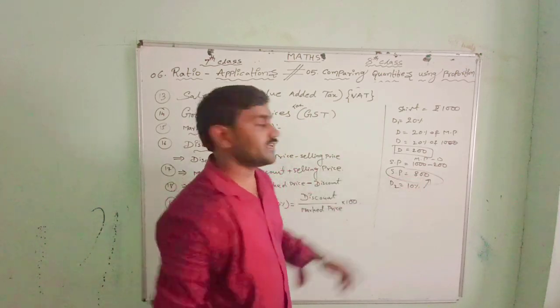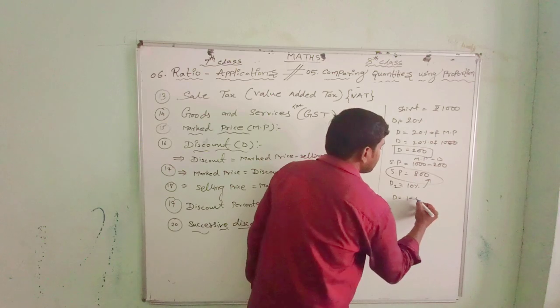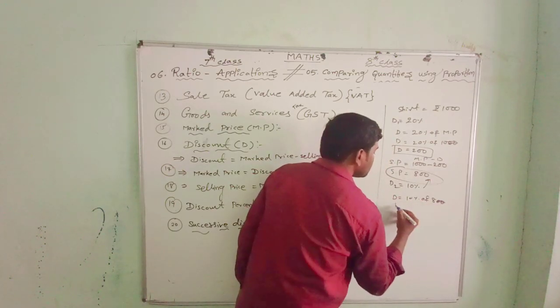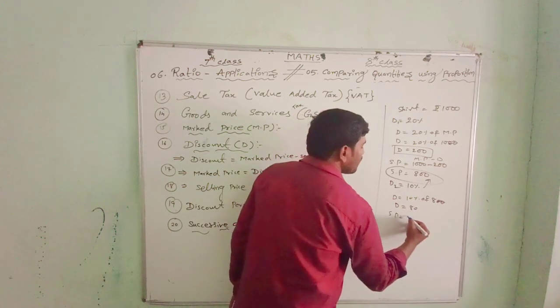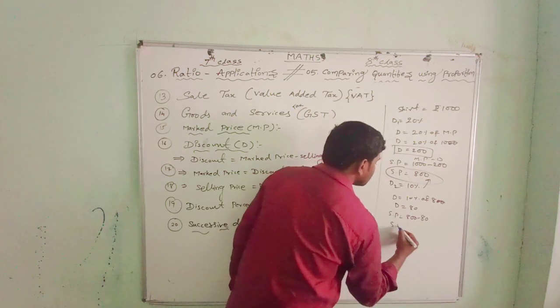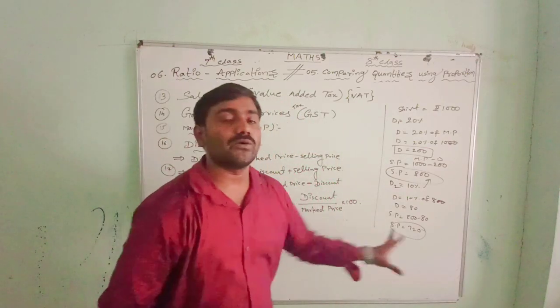Discount equals 10% of 800, which is 80 rupees. Then the selling price becomes 800 minus 80, that is 720 rupees.